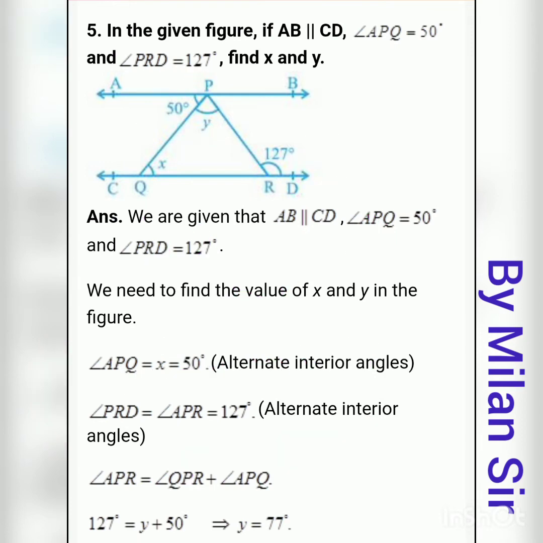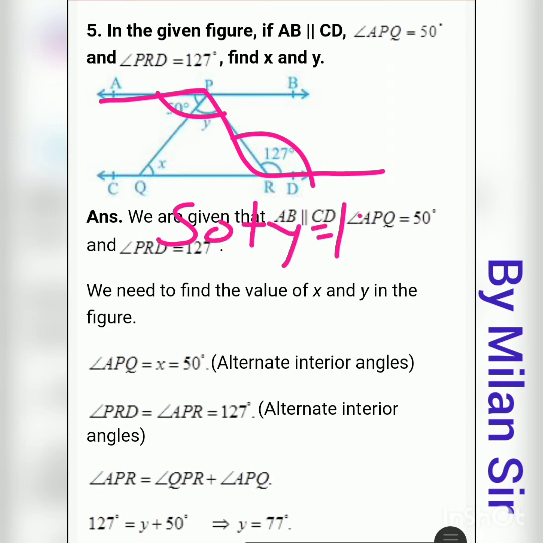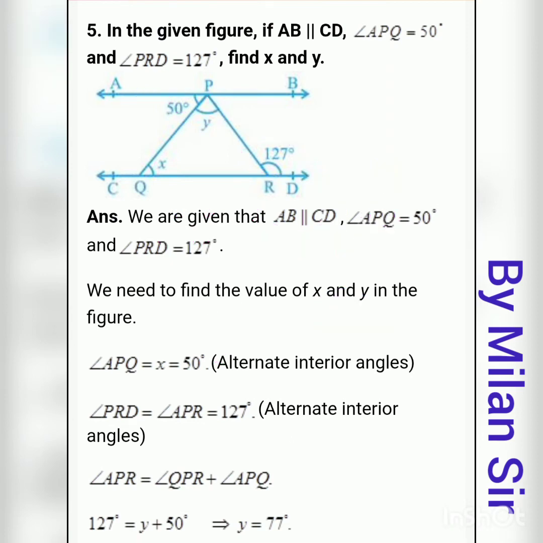First of all here we have one Z, this is 50, so this is even 50. Now here we have Z, this is 127, so this is even 127. Here we have 50 and y, so 50 plus y is 127, so y is equal to 127 minus 50, 77 degree. In this way we will get the value of x and y.